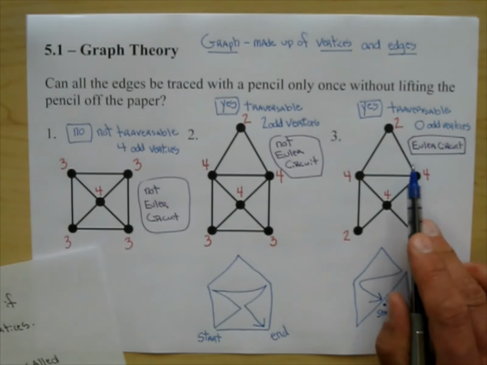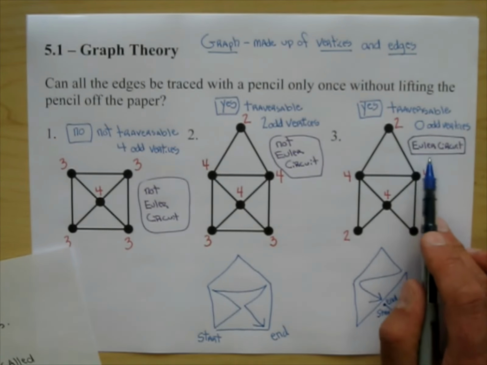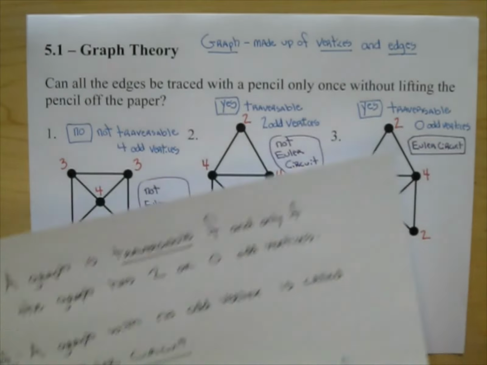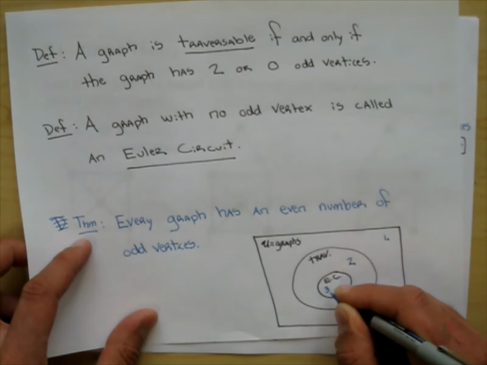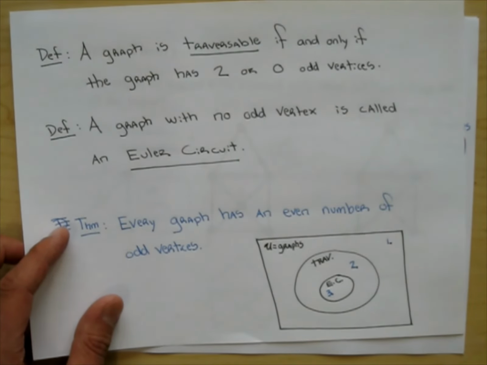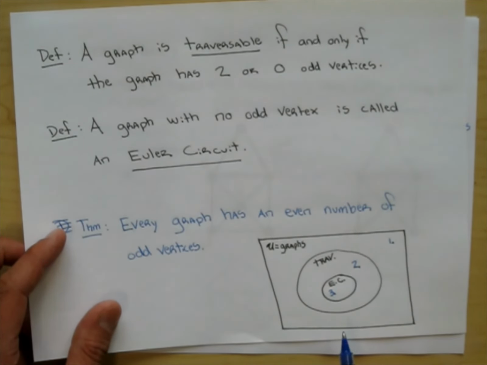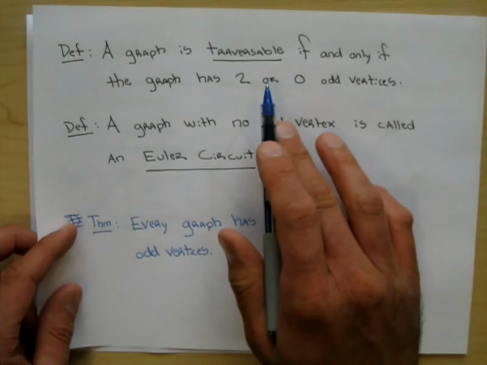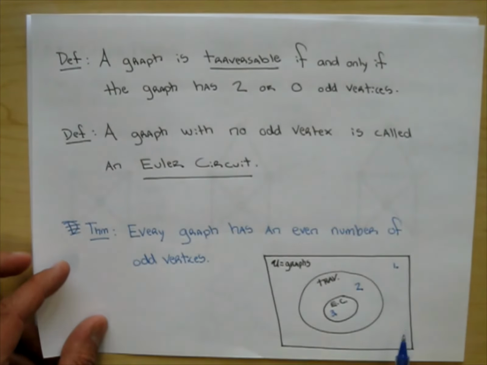And problem number 3 was an Euler circuit and it was also traversable. So graph number 3 lives there in the Venn diagram. So you'll never have a graph that is an Euler circuit that is not traversable. That does not make sense. It kind of goes against these definitions here. Your graphs, when they give them to you, will fall in one of these spots on this Venn diagram.